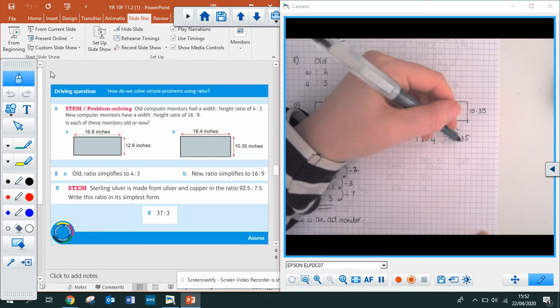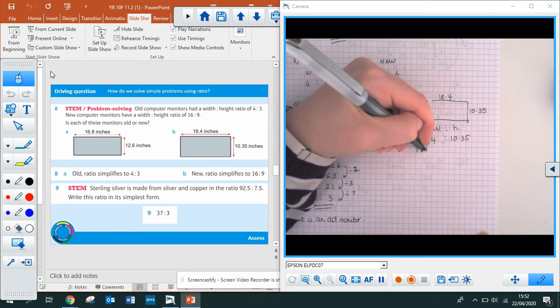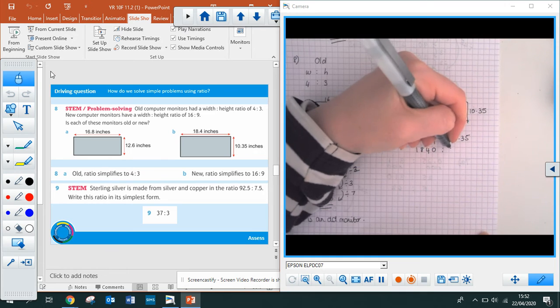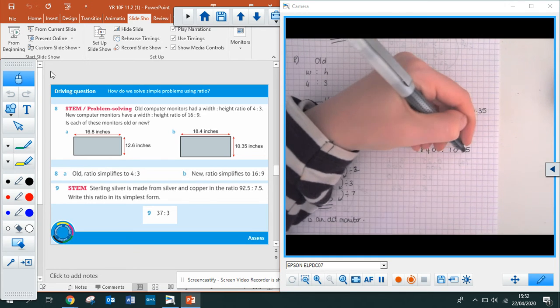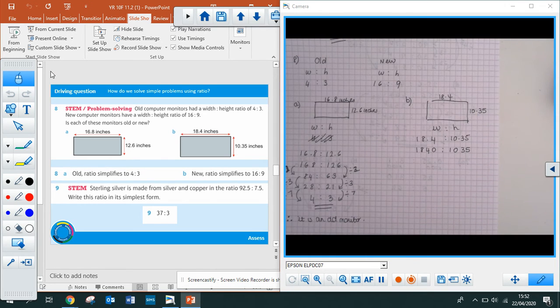As this one's got 2 decimal places, I need to multiply both by 100 to eliminate that, and that's going to leave me with 1,840 to 1,035. Okay, so I need to see how I'm going to simplify that.